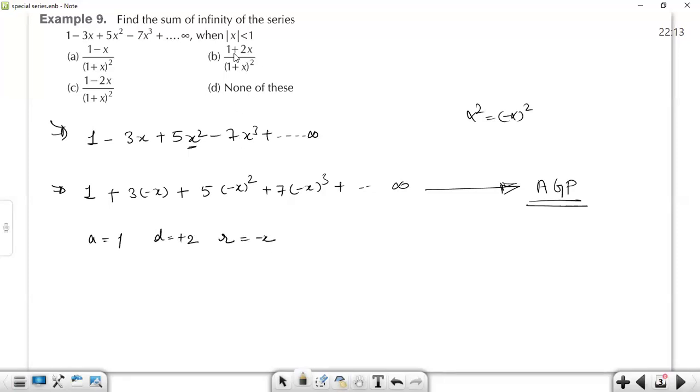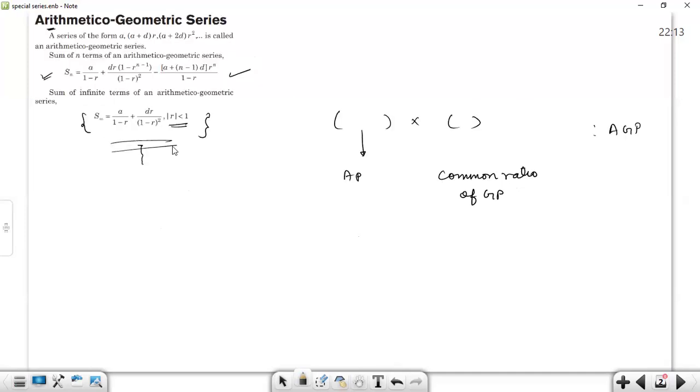Now the common ratio is less than 1 here because it is given to us that modulus of x is less than 1. So minus of x is definitely going to be less than 1. So we can apply this formula where r is less than 1. We have just studied this formula.